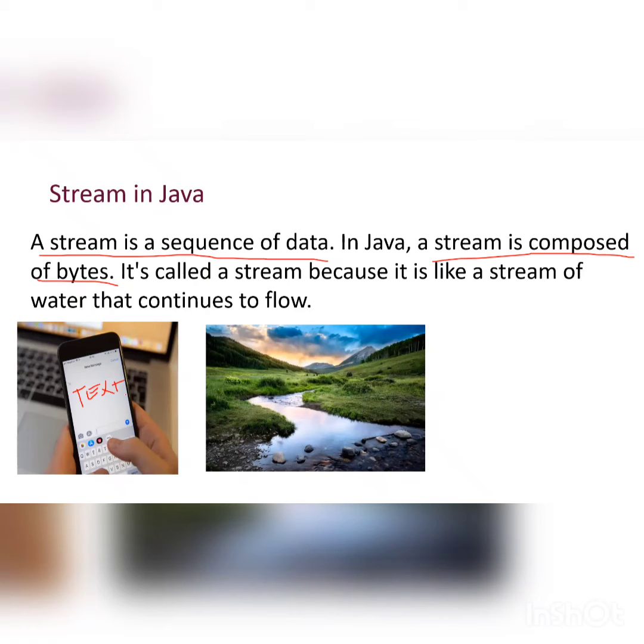The entire message is transmitted in the form of small pieces when your friend receives it. The entire message that you have typed on your mobile phone is transmitted in small pieces, and those small pieces are said to be the streams.